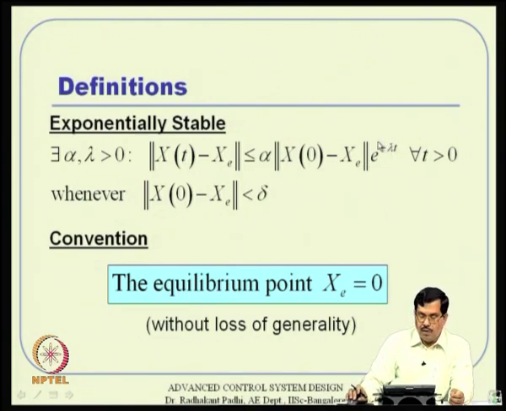Whenever I start within this delta ball, of course for local stability behavior, this relationship will always be satisfied, and the rate of shrinking is exponential, because of the factor e to the power minus lambda t. So the rate of shrinking is exponential decay.